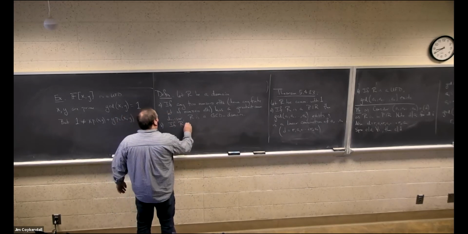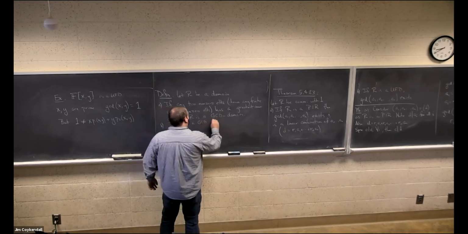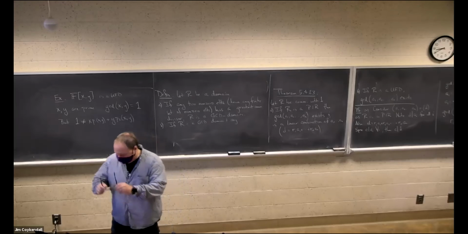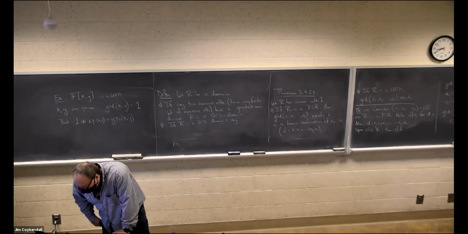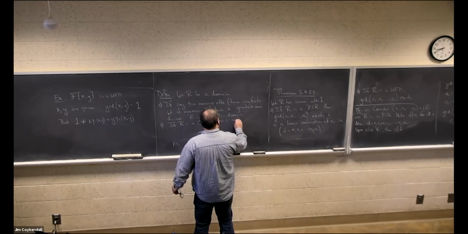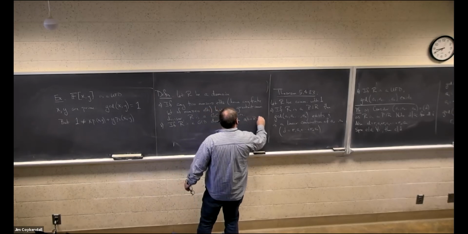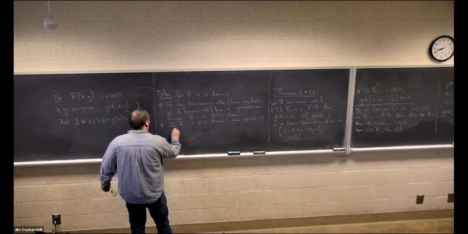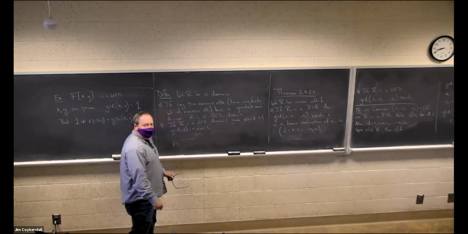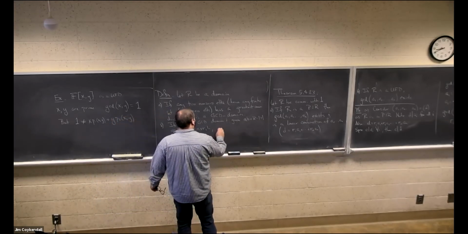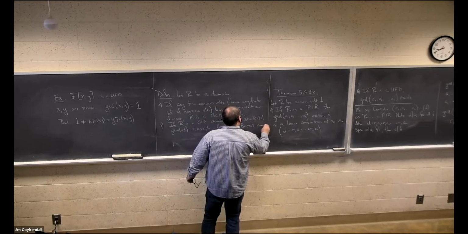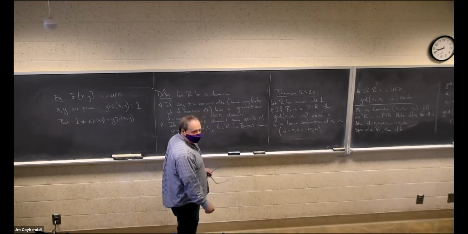If R is a GCD domain, and given any a and b, the GCD of a and b is a linear combination of a and b, that is to say the GCD actually is a linear combination, then R is a Bézout domain.